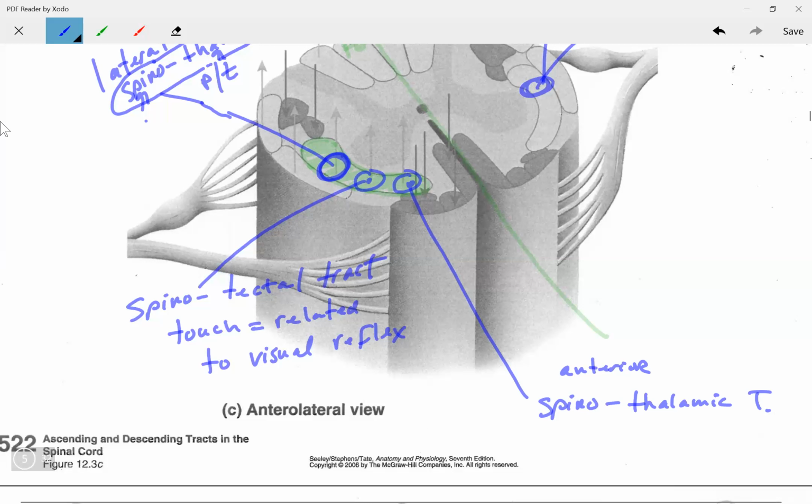And this is for crude touch and pressure. Crude touch and pressure.